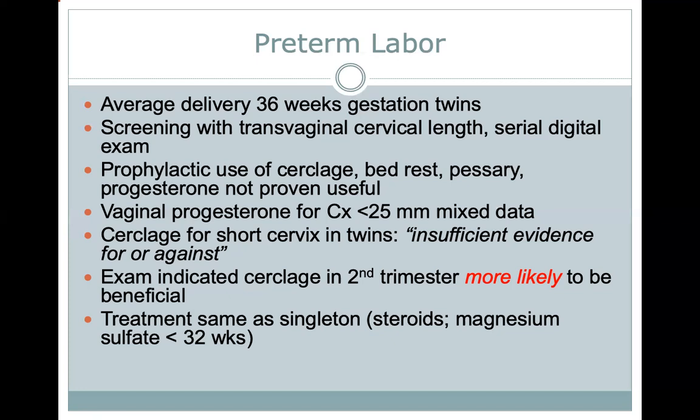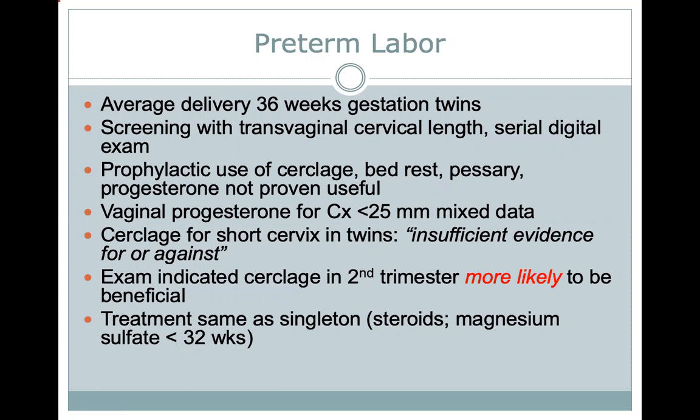Studies have been done looking at prophylactic use of cerclage in twins, no benefit. Bed rest, no benefit. Pessary and progesterone use, again, for prophylaxis, that is just because the patient has twins, those are of no benefit.